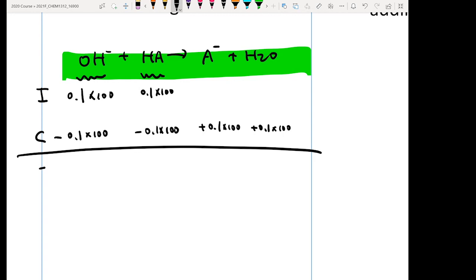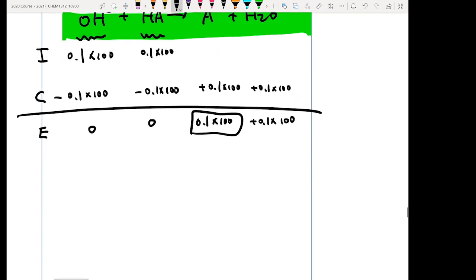At equilibrium, you don't have any OH minus, you don't have any HA. All you have is 0.1 M times 100 mL of your A minus, and the same amount of water. But we know this is the species that's going to contribute to your pH.